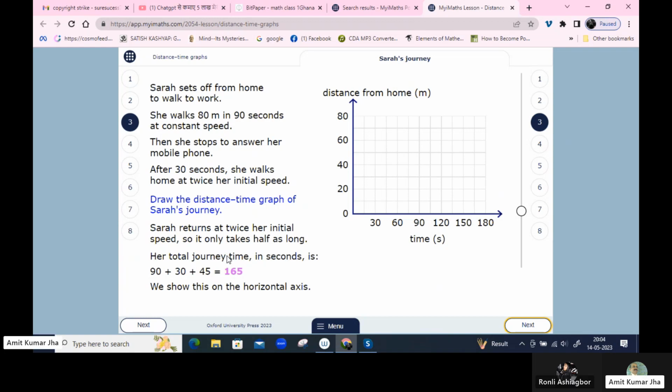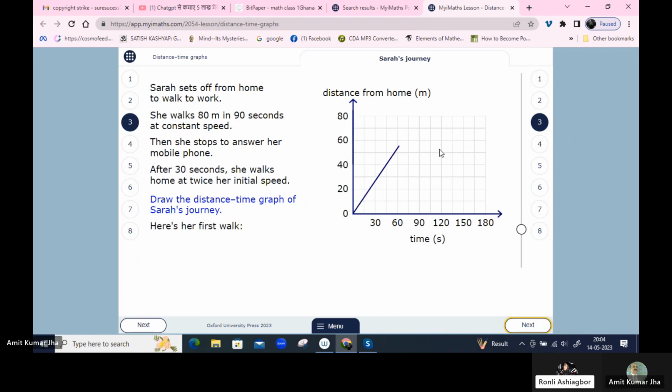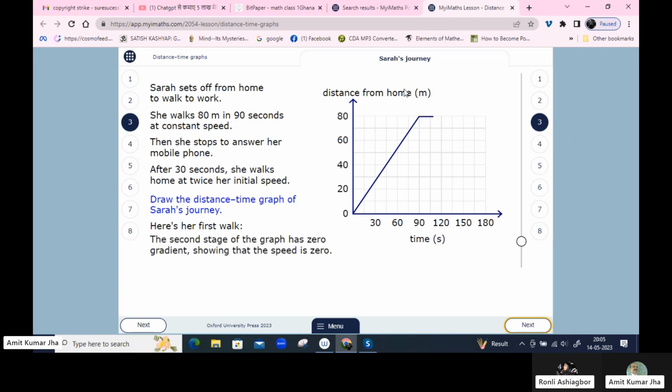First she goes up to 80 meters, shown by this line, and then she stops for 30 seconds, from 90 to 120. Here she is not moving, so it is a horizontal line.